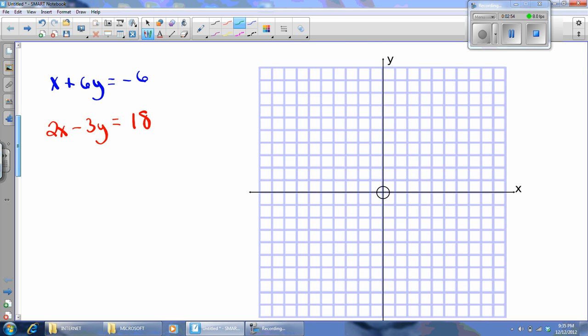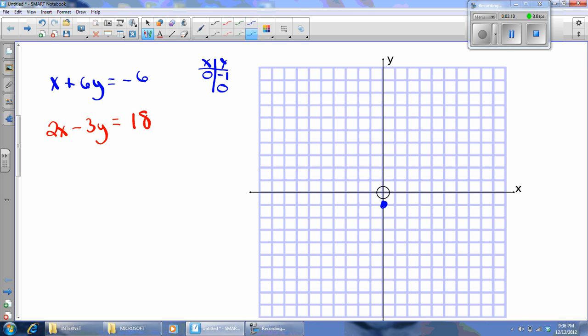Let's take a look at two equations in standard form. And let me see here. My y-intercept is, if I make a t-table, right? So if I put 0 in for x, I get a y-intercept of -1. So y-intercept is -1.